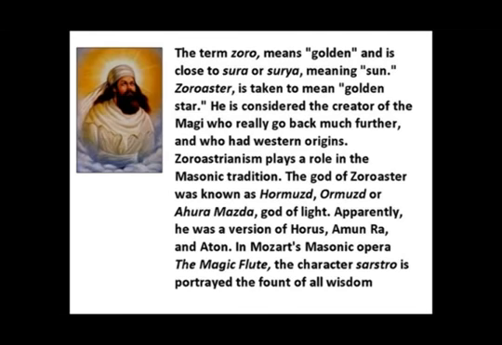The god Zoroaster was known as Ormuzd, or as Ahura Mazda, the god of light. Apparently he was a version of Horus, Amun-Ra, and Aton. In Mozart's Masonic opera, The Magic Flute, the character Sarastro was portrayed as the fount of all wisdom.